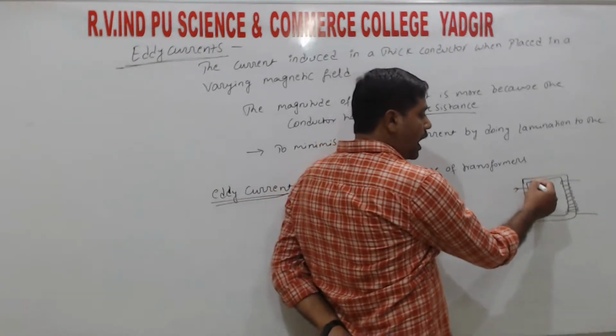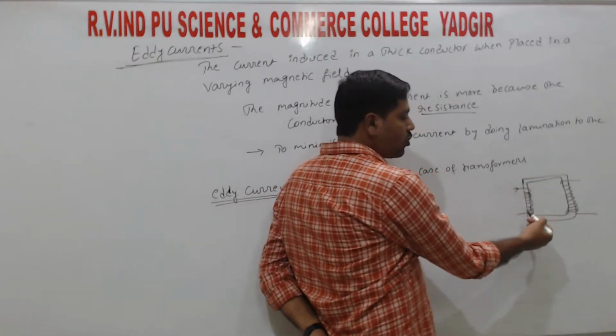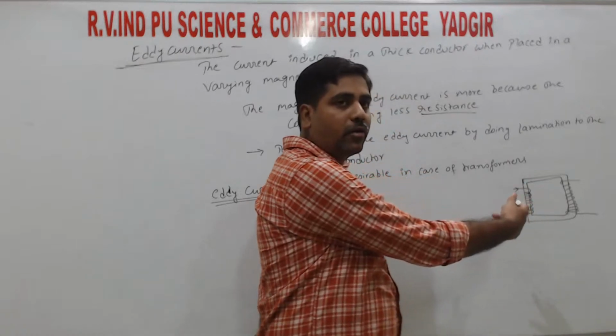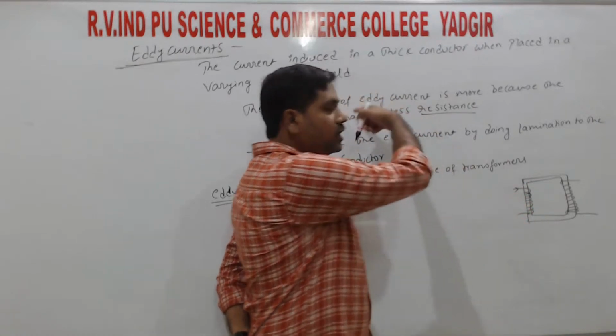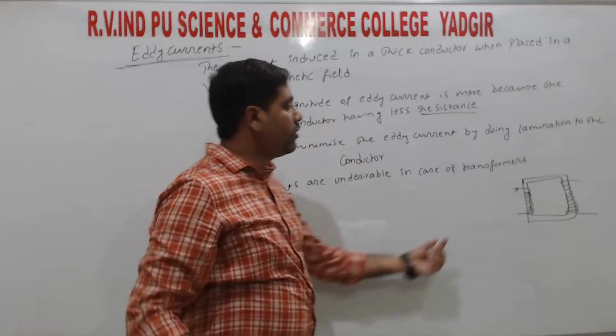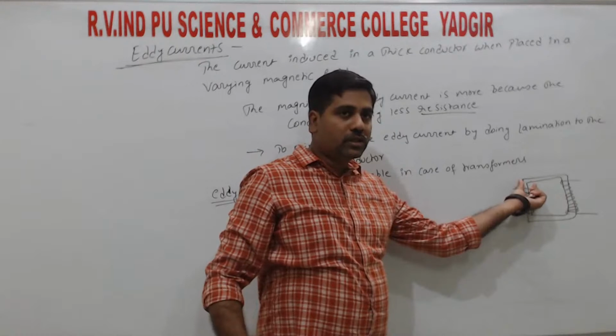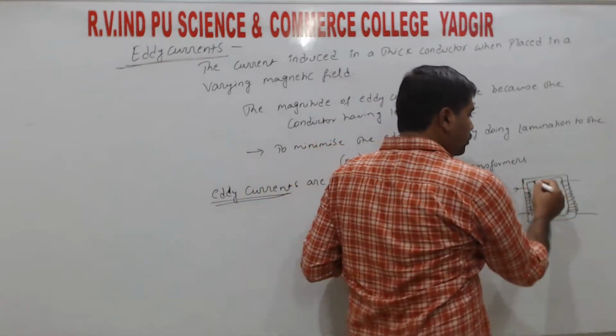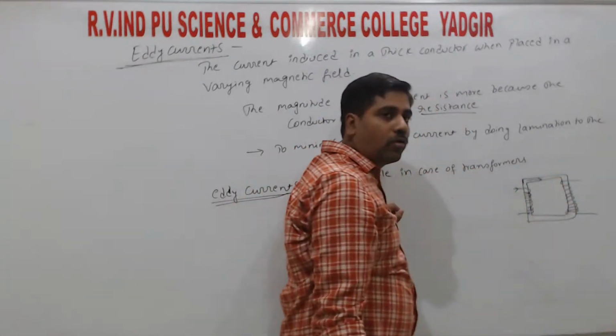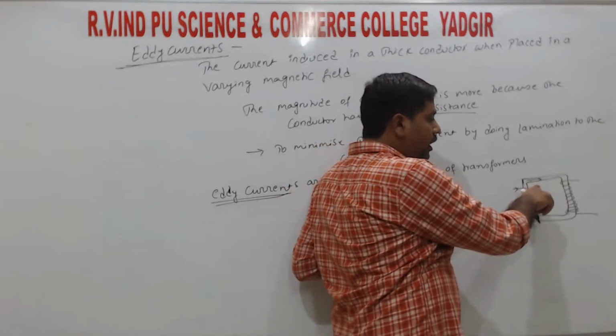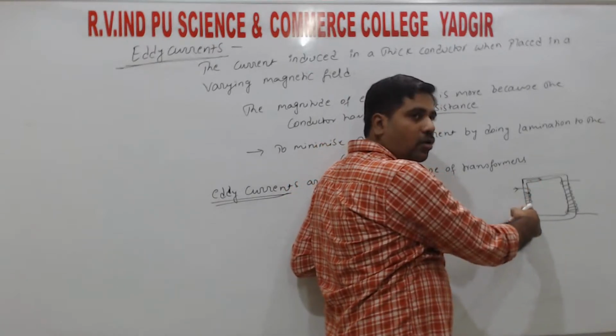So here the iron core is wound with the coil. When the current flows in the coil, it produces eddy current on this iron core. Because eddy current is produced in the iron core, there is a loss, right?